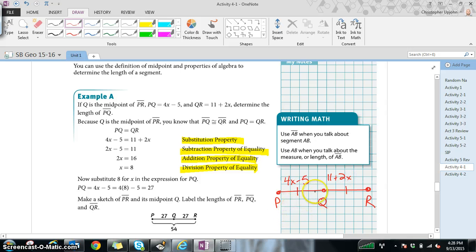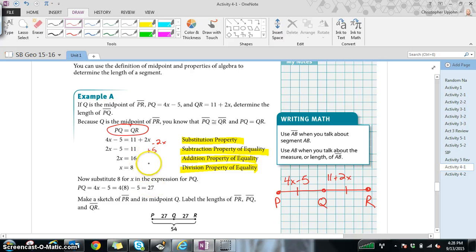So the first thing we have to do, well, we have to know that these two are the same. PQ is equal to QR. So by the substitution property, we put in their measurements, 4x minus 5 and 11 plus 2x. Use the subtraction property of equality, we subtracted 2x. Again, in a proof, we wouldn't write out the work. Then we use our addition property of equality, we're adding 5 to both sides.